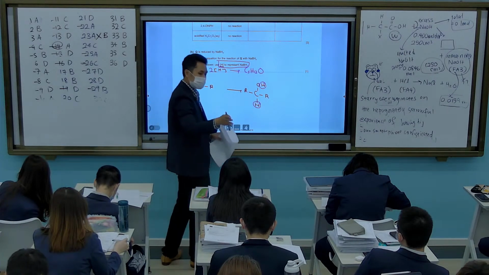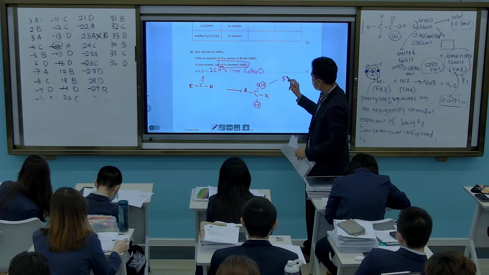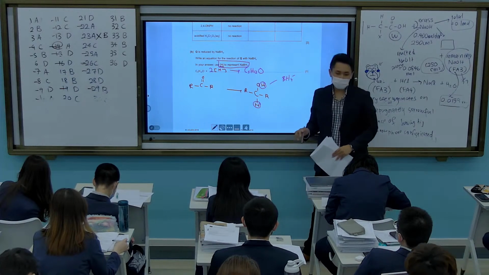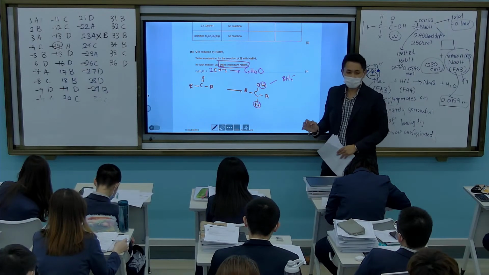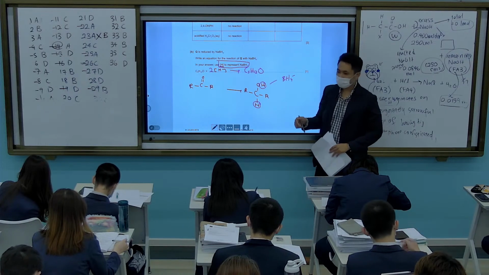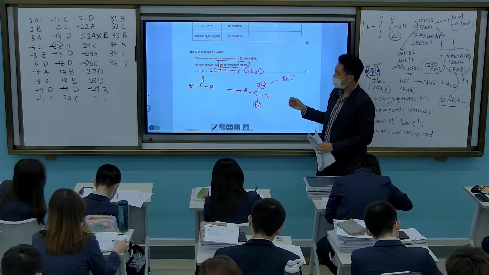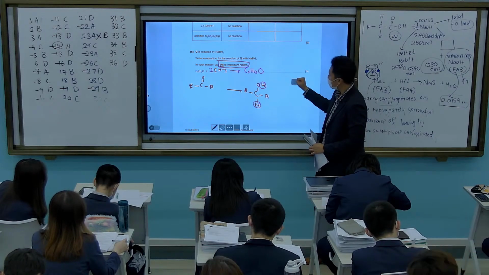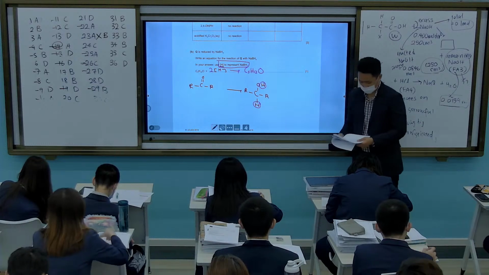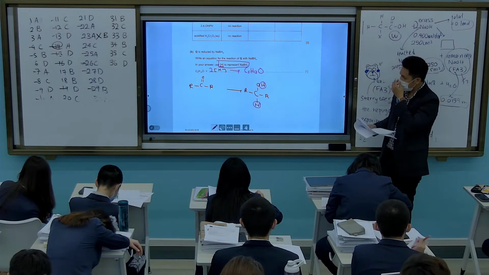I know what you mean, that this one comes from the BH4 minus and this one comes from other places, but you're not required to know that. Just need to know that you gain 2H, because there's no need to study the mechanism of this reaction. Any questions?